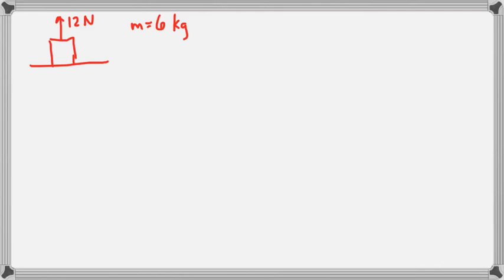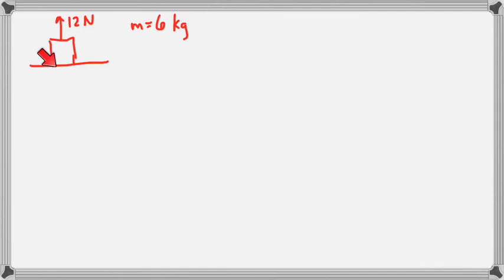What am I being asked for? It was asking for 10 times the amount of force that the table exerts on the box. Wait a minute, the table exerts a force on the box? Well, that's another way of saying that this surface exerts a force on this box.